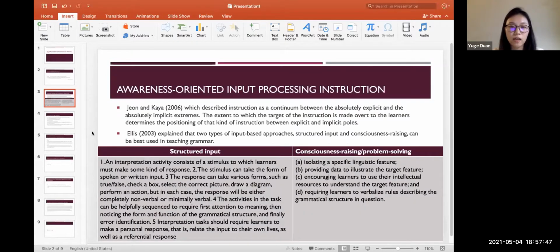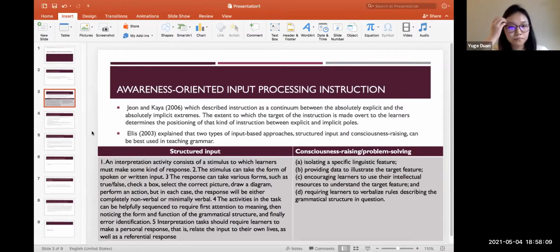This is a very fast-paced slide, so I'll keep things brief and clear. I will talk about the awareness-oriented input processing instruction in the following slides.